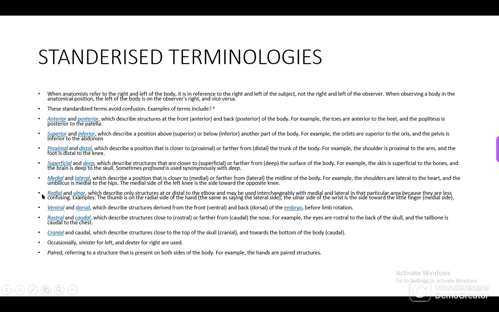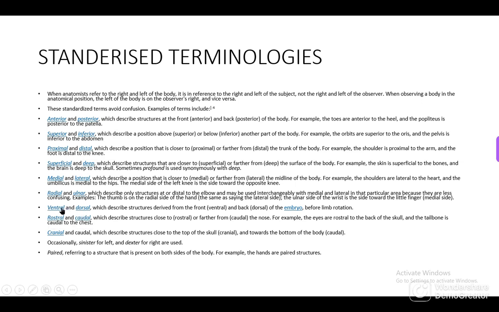Radial and ulnar are described in the upper limbs: radial side, ulnar side. Ventral and dorsum, because in animals they use terminologies like ventrum and dorsum. Ventrum is roughly equal to anterior and dorsum is roughly equivalent to posterior, but not exactly.